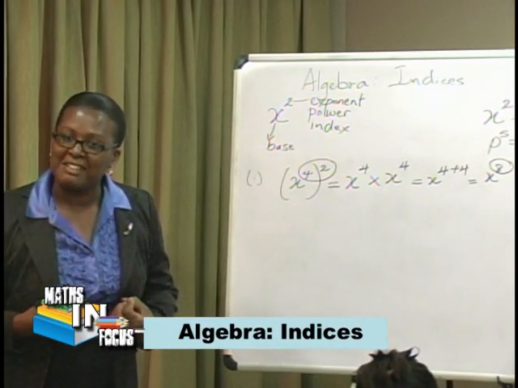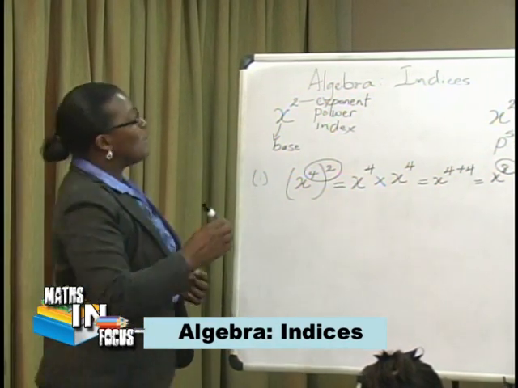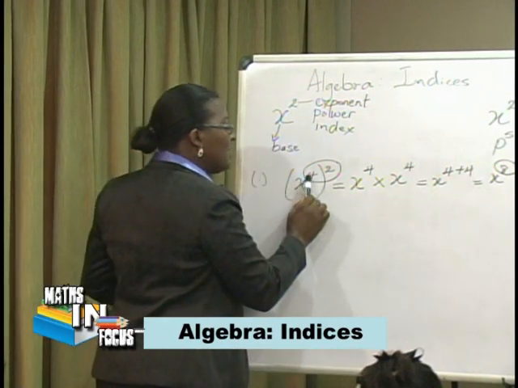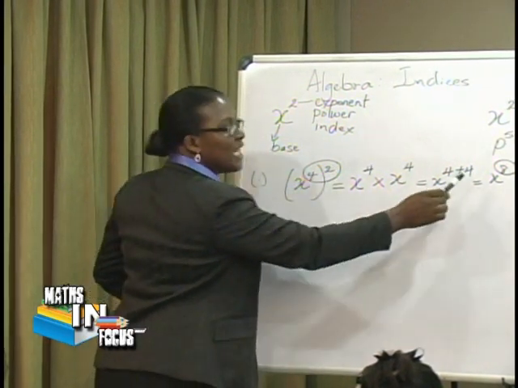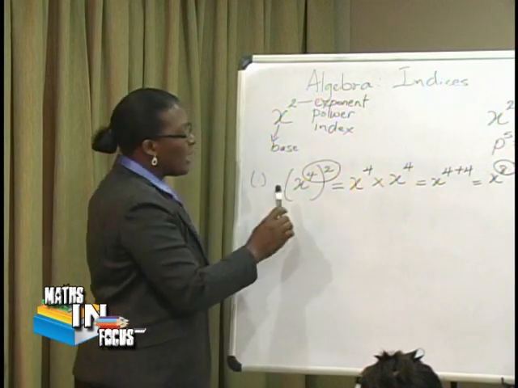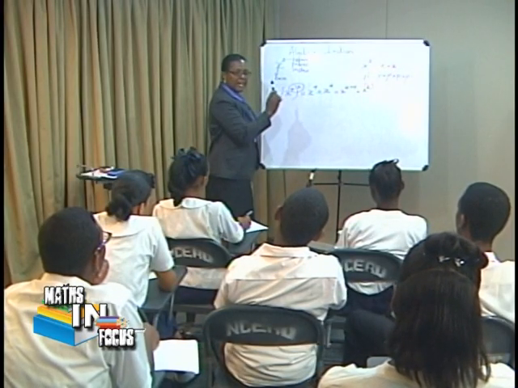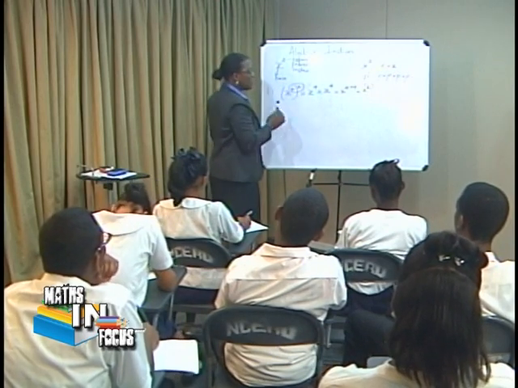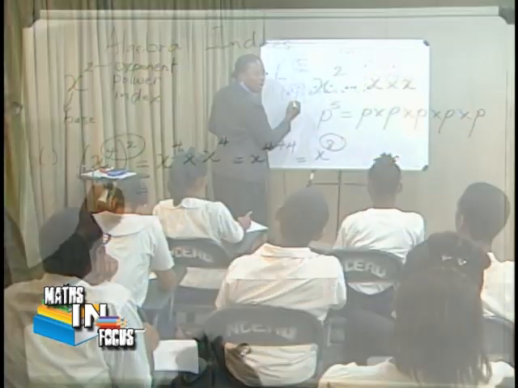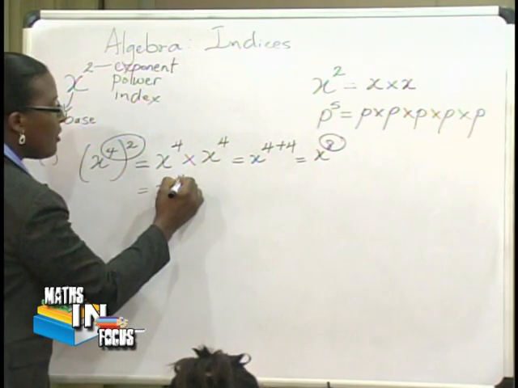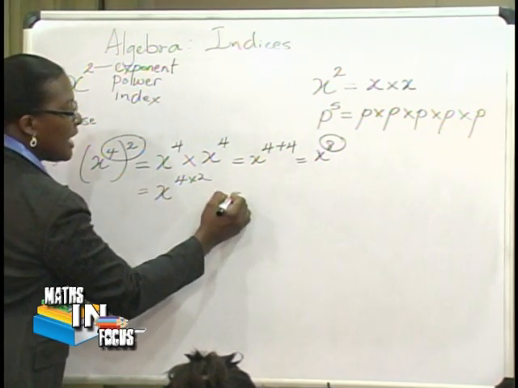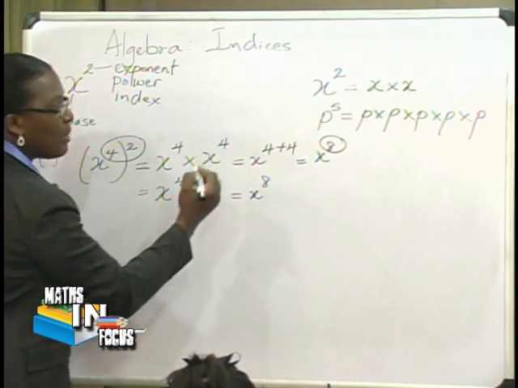Yes, Juliana? You can multiply the 4 by the 2. We can, very good. We can simply multiply the 4 by the 2 to get the 8. So when a power is raised to another power, to simplify, we multiply the powers. So the other approach we can adopt is X to the 4 by 2, and we end up with X to the 8th power.